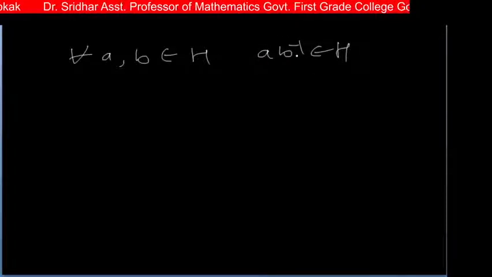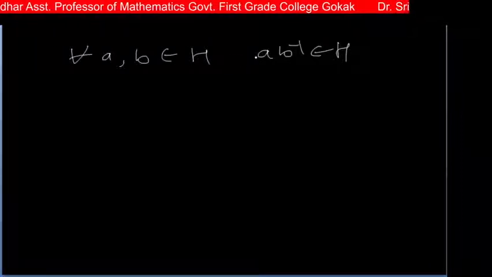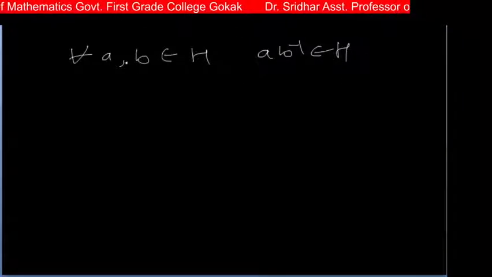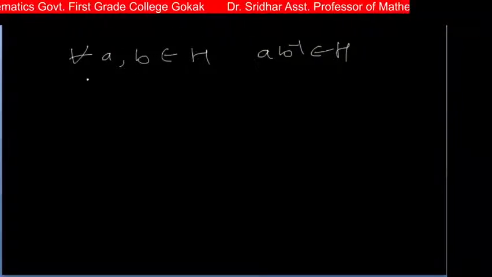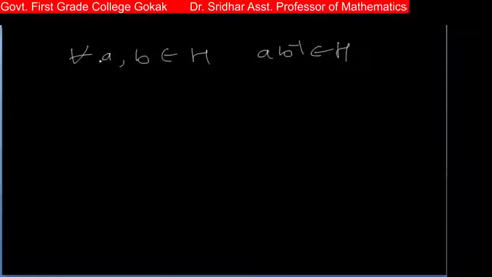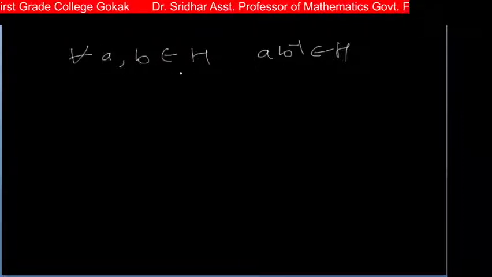If you want to prove a subset H is a subgroup of G, then we have to show that for all a, b belonging to H, a b inverse belongs to H. If this condition is satisfied, then H is a subgroup of G. You should remember this because it is very useful in solving many theorems and problems.